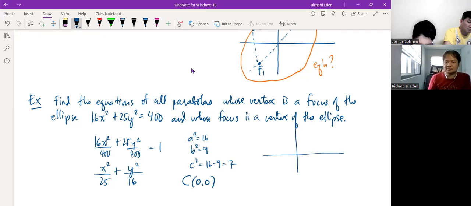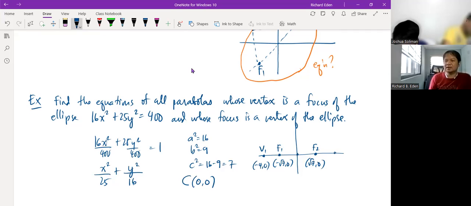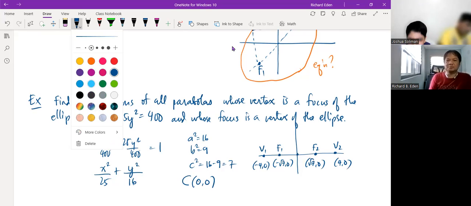So that's the center. So that means we need to go square root of 7 units to the left and right for the two foci. And then a is equal to 4. So V1 is negative 4, 0. And then V2 is 4, 0. Alright, so these are the vertices and foci of the ellipse. Of course, we could also spend time figuring out the co-vertices, but the problem doesn't seem to need it.